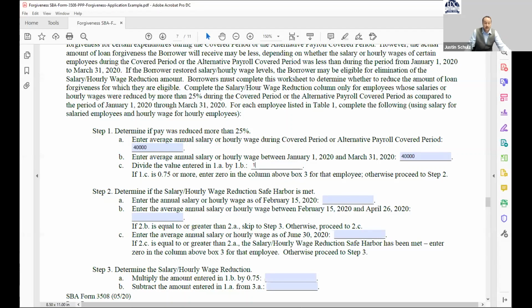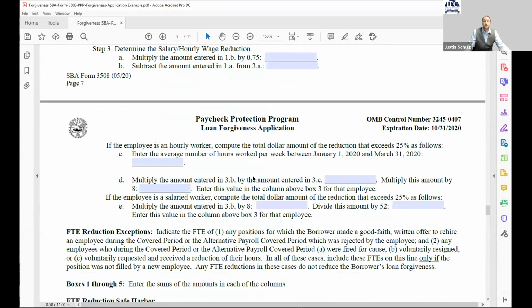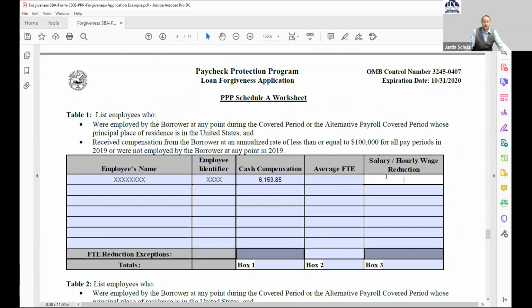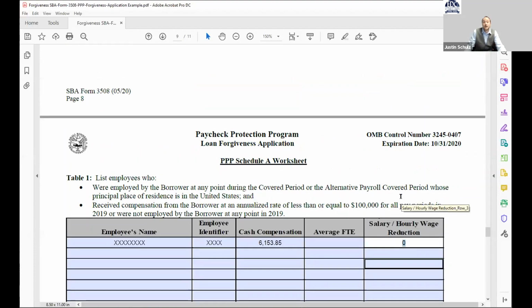And so in this case, you enter 0 in this column, which is the salary hourly wage reduction. And what that means is that you did everything you were supposed to do. And so we're going to take away your forgiveness amount by $0, meaning that your forgiveness remains intact.